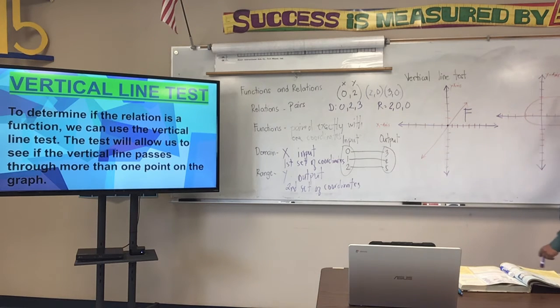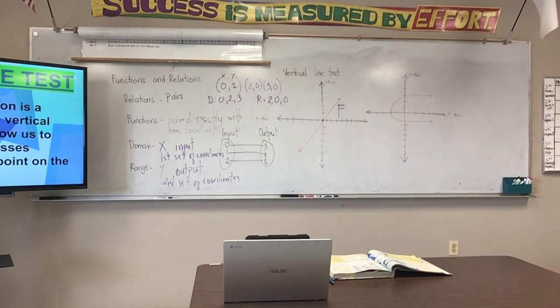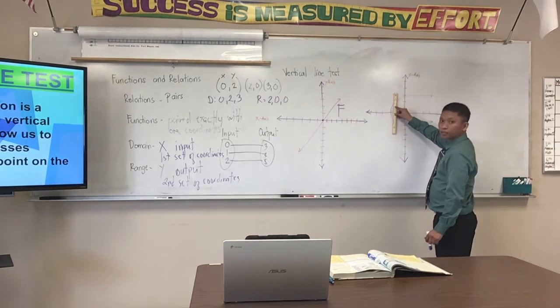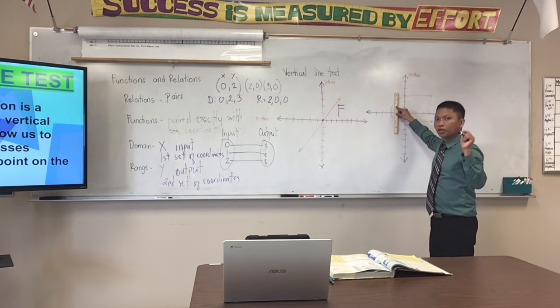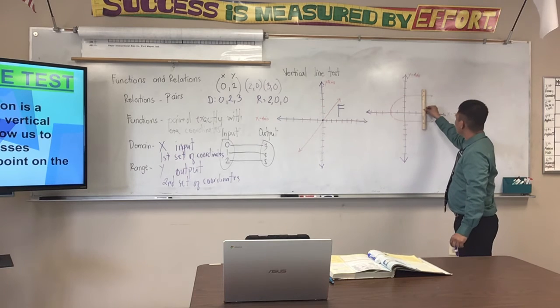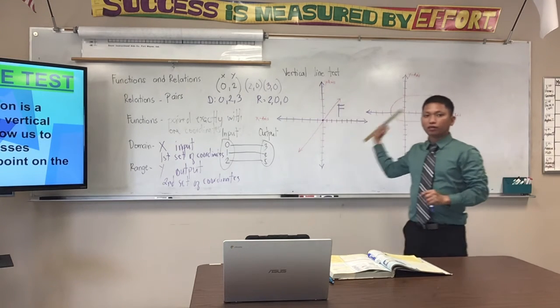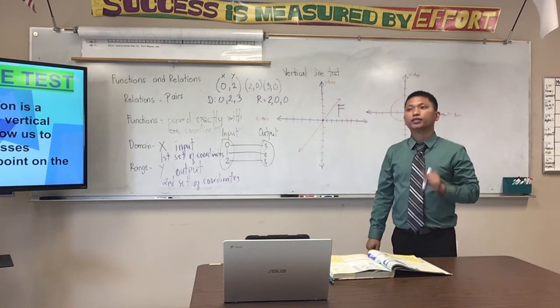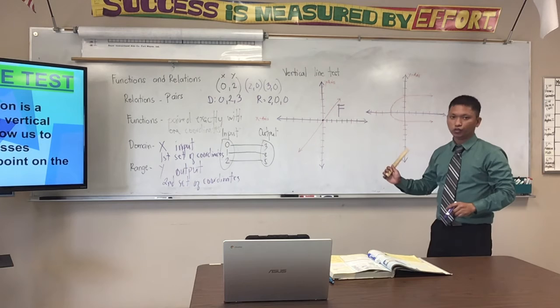On the other hand, let us identify if this other graph is an example of a function. Using the vertical line test, as you can see, this point and this point touch the vertical line. This point also, so we have two points that touch the line together. Therefore, this graph, curve 1, is not an example of a function. So this is not a function.